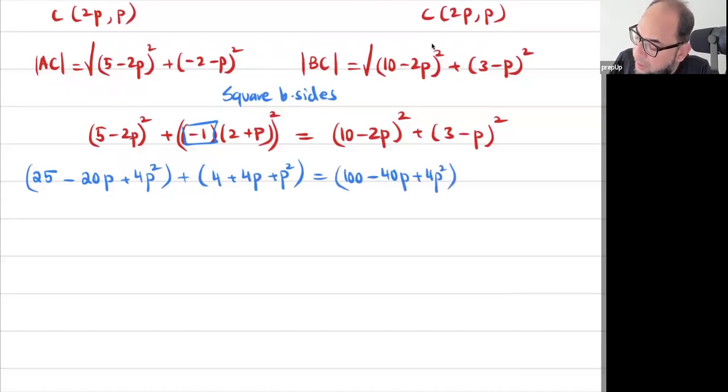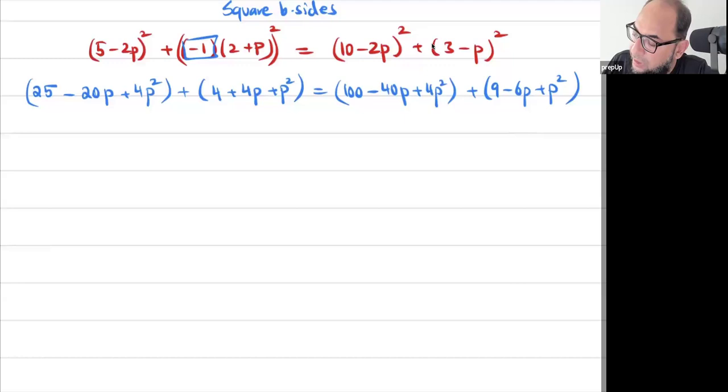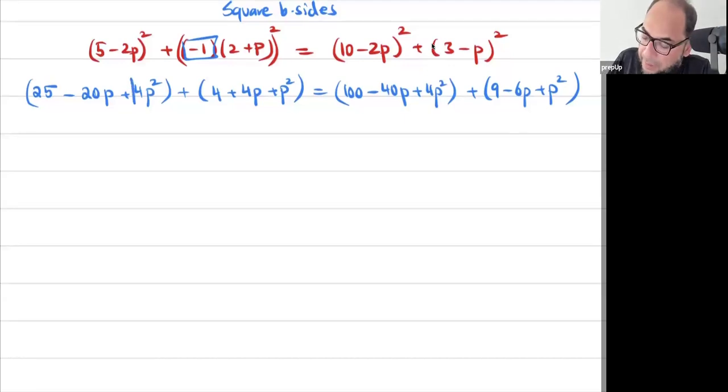That's the third bracket. And this is 9 minus 6p plus p square. That's the fourth bracket. So now let me grab some other color marker. This is 4p square, this is p square, this is 4p square, this is p square. It cancels out. Yes, it does cancel out. That is the perfect thing that could happen.